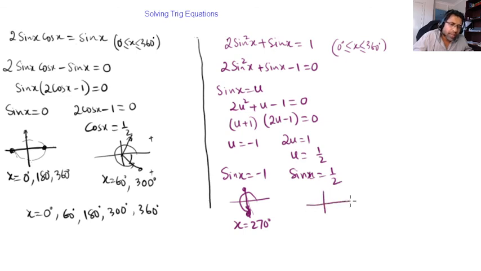Now for sine x equal to half, positive half. Sine is positive in the first quadrant and second quadrant, and we know that 30 degrees makes half.